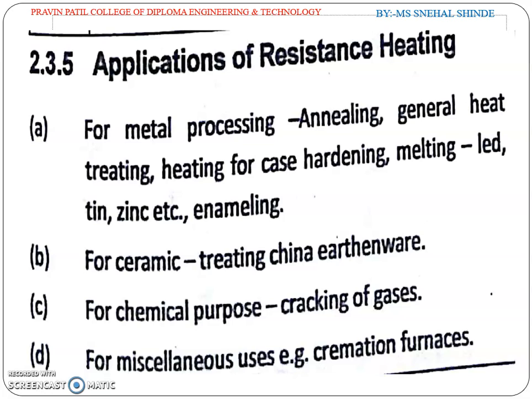So there is a vast application of resistance heating for metal processing, like hardening, annealing, and general heat treating. Then for ceramics, for treating earthen chinaware, to mold ceramic parts or ceramic structures, resistance heating is used.